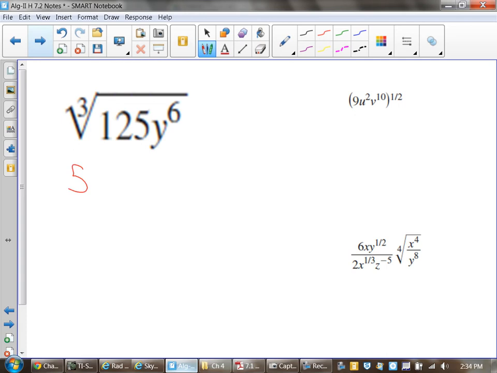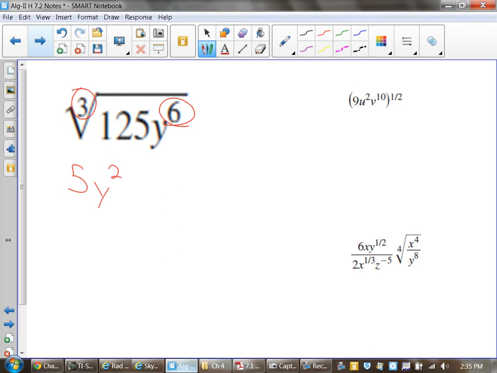When you have an nth root problem and you're dealing with exponents with variables on the inside, you ask yourself the next question: how many times does 3 go into 6? Is there any left over? And that's it. And you're done. When you're simplifying via nth roots, it is much quicker.